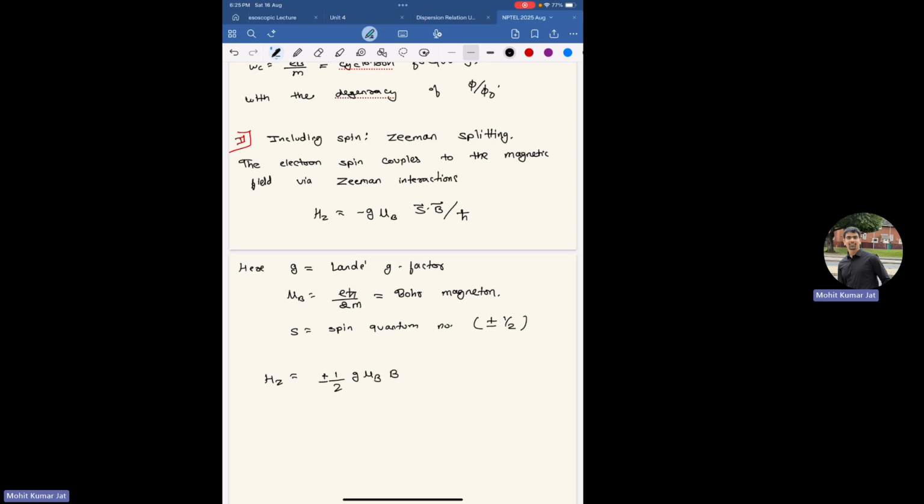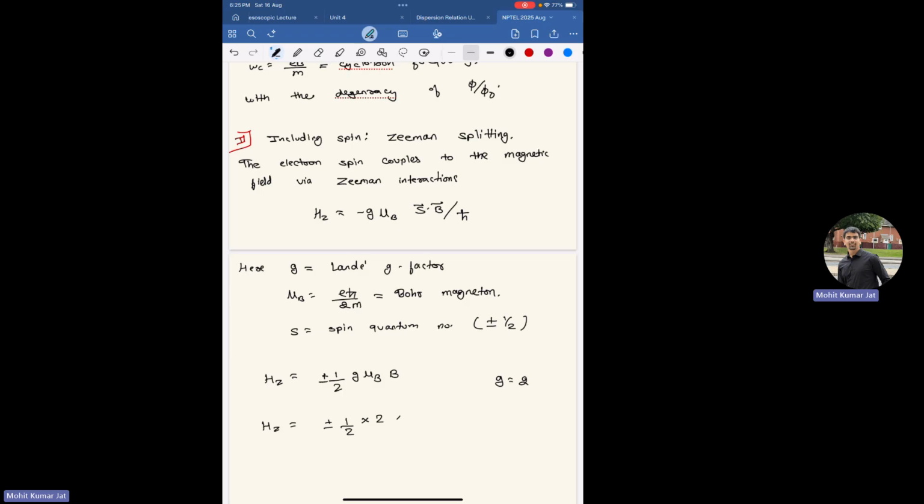Even if you substitute the value of mu B, it will be plus or minus half g times, g is 2, the Landé factor, right?